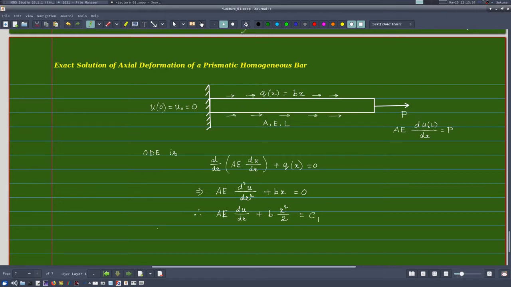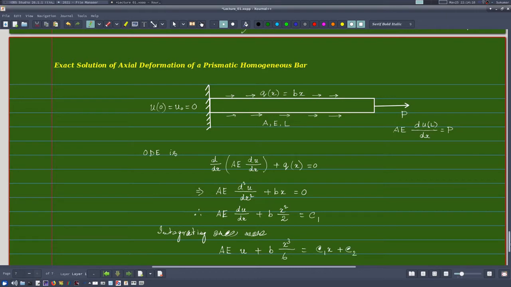And if I integrate once again, I'll get AE into u plus b x cubed by 6 will be C1 into x plus C2.